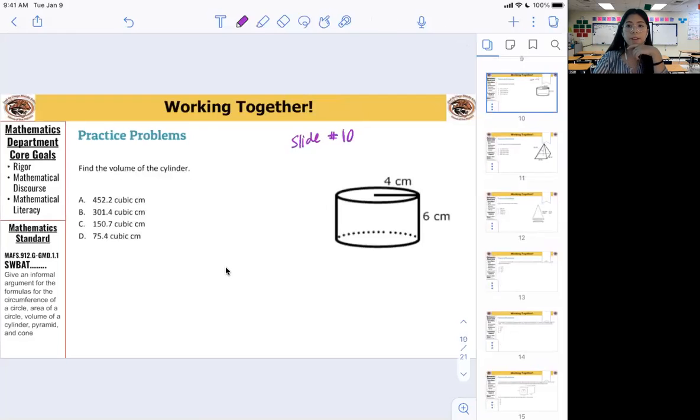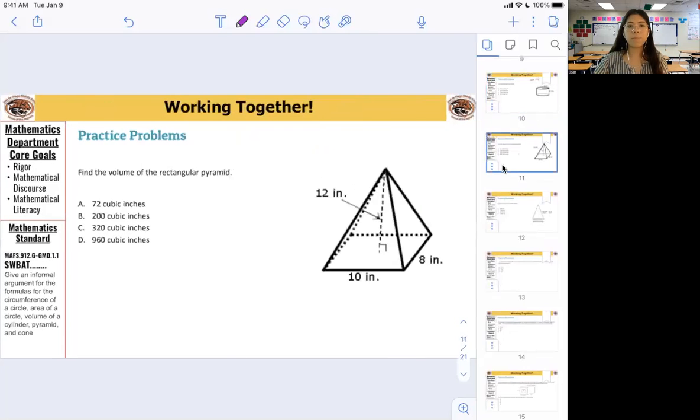For anyone watching this on YouTube, here's what I'm going to do. I'm going to go to each slide and you can pause the video and work on each problem. And then at the end, when I go over the answers, I'll record it again. So here's slide number 10. You can pause the video. Number 11, you can pause the video here.